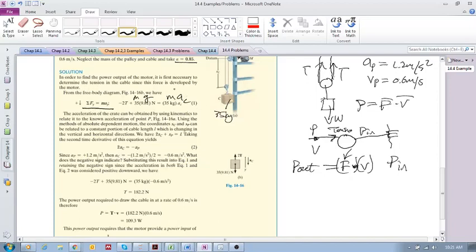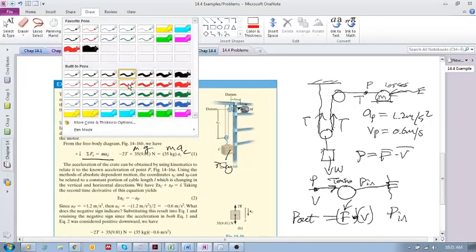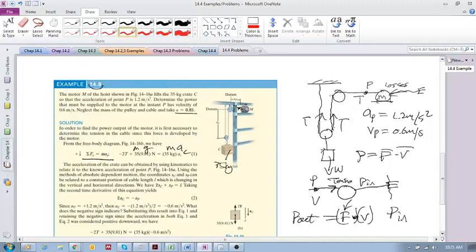Now, we don't have tension, and we don't have the acceleration. So the next thing that we could do is, let me change the color here. We could carry out kinematics. Okay, absolute dependent motion. We could take that as our datum. That becomes SC, right down to that crate. And then we've got SP, right? So this is the position of the crate.